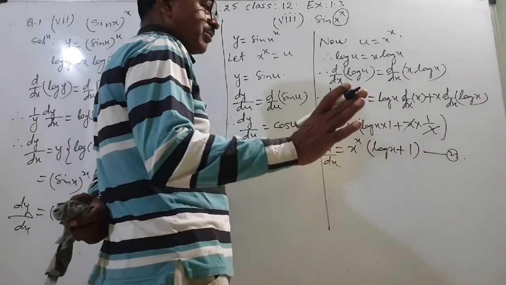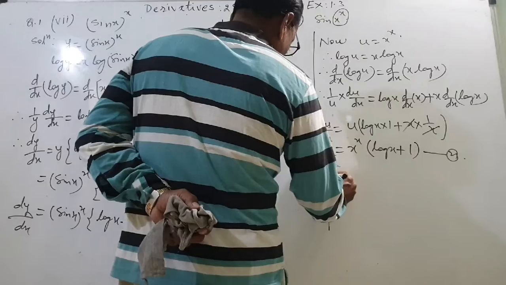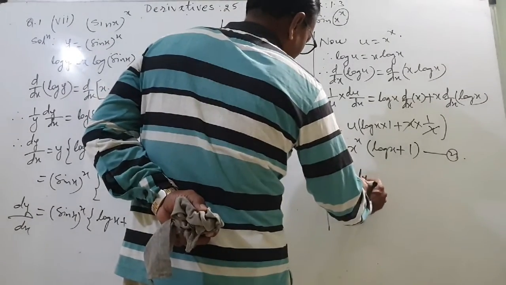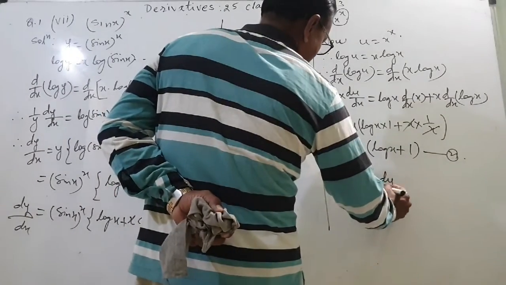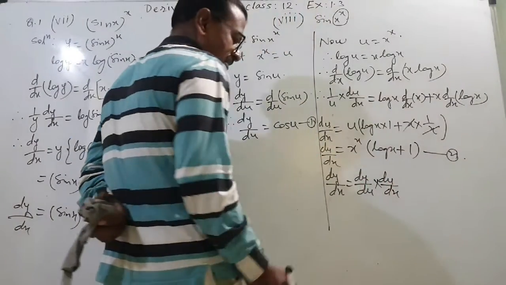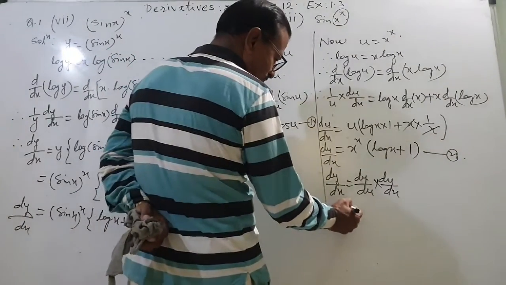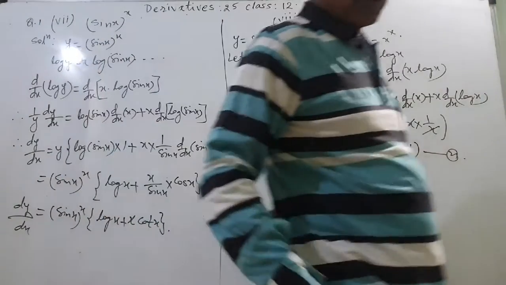Okay, so hope that you have understood this. So now by chain rule, dy by dx is equal to dy by du into du by dx. This du will get cancelled. Let me see whether this is visible to you or not.